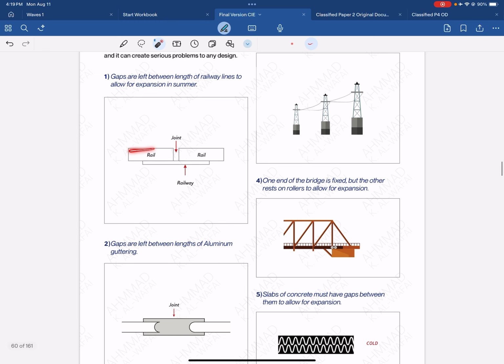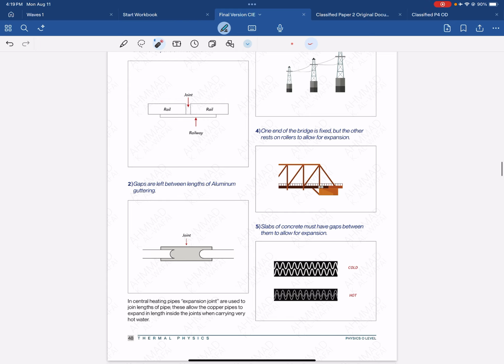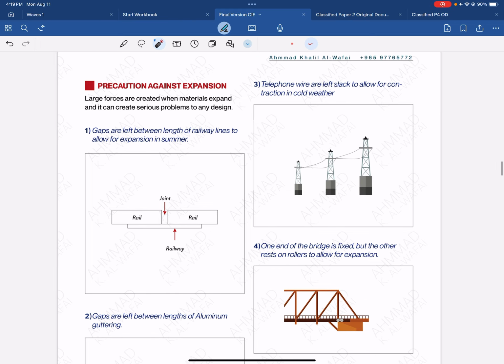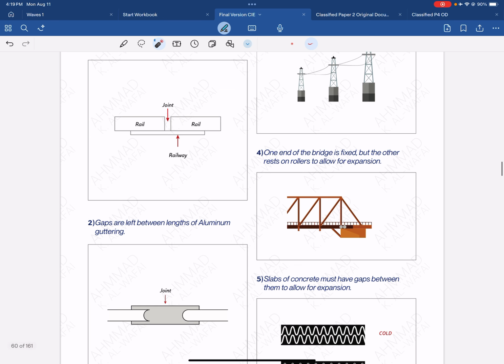If you're building a railway, there are expansion joints between the rails. Also in aluminum windows, there are spaces left for the expansion. Telephone wires sag in the heat of the summer and contract in the winter, so you have to leave some space for them to sag and contract.